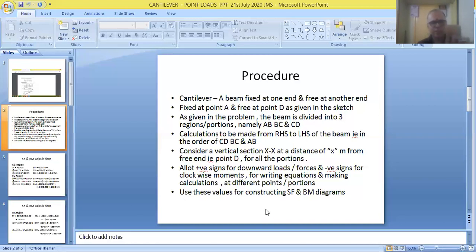These are the rules which we are supposed to remember for solving problems on cantilevers, and also in the case of other beams.